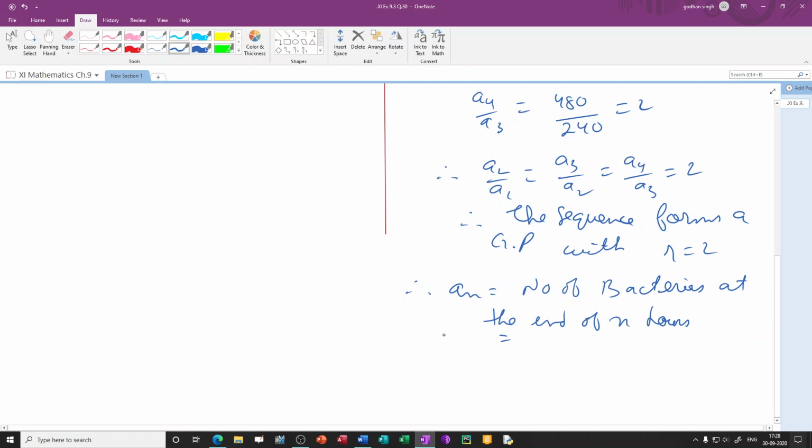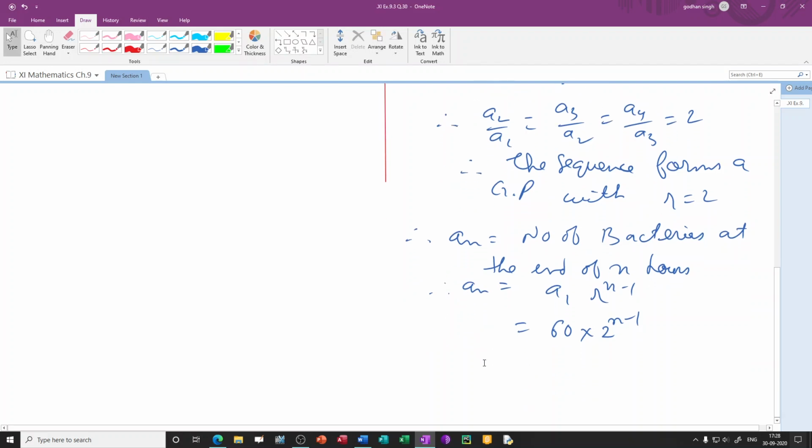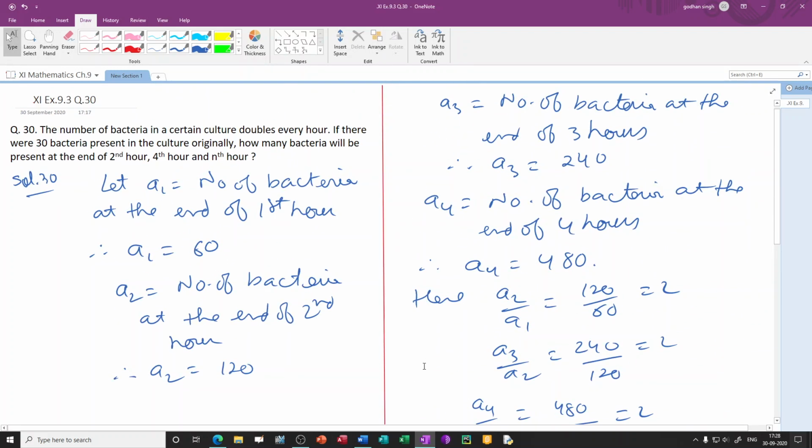An equals A1 into R raised to n minus 1. Our A1 is 60 and not 30, as we have discussed, and R is 2, so 2 raised to n minus 1. Simplifying, An equals 60 into 2 raised to n over 2, which is 30 into 2 raised to n. This is our answer to question number 30. With this, question number 30 is complete.